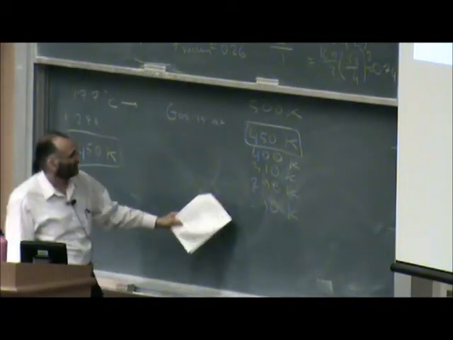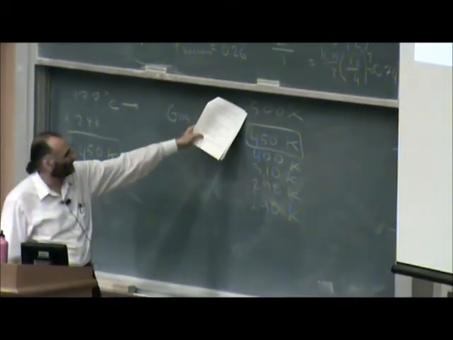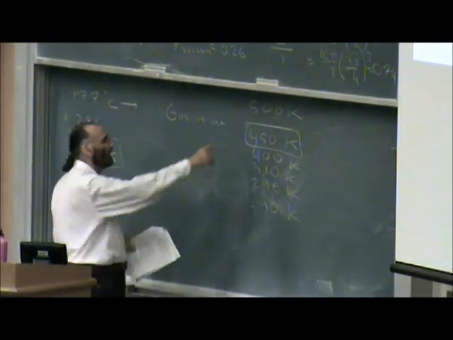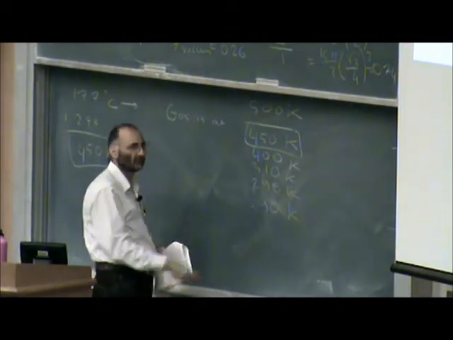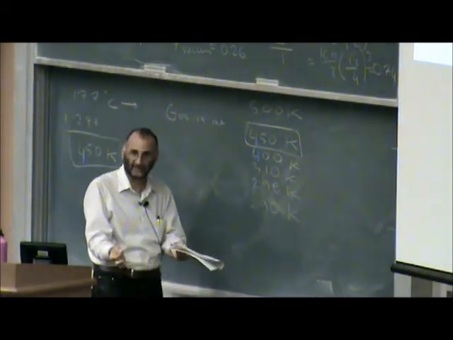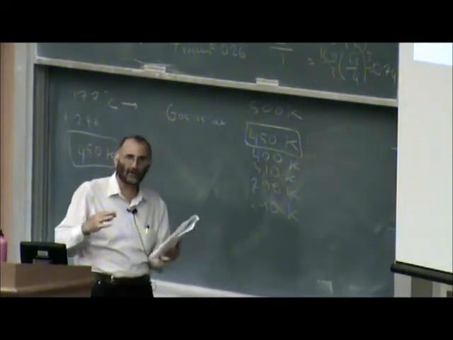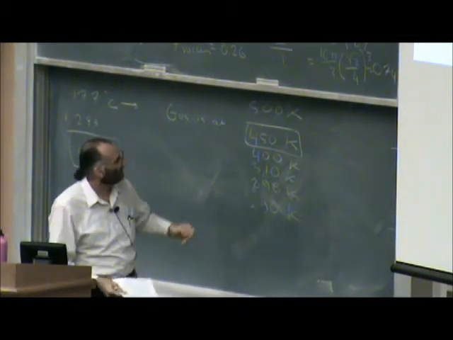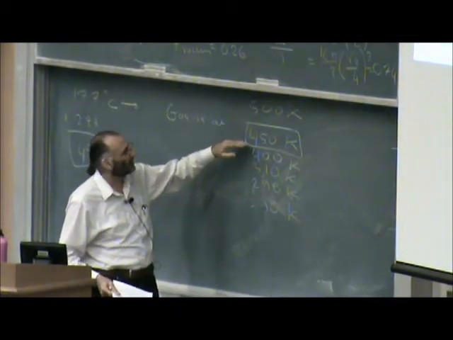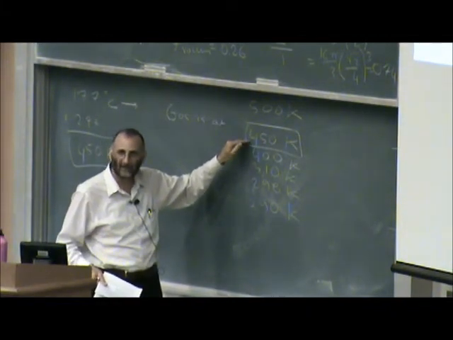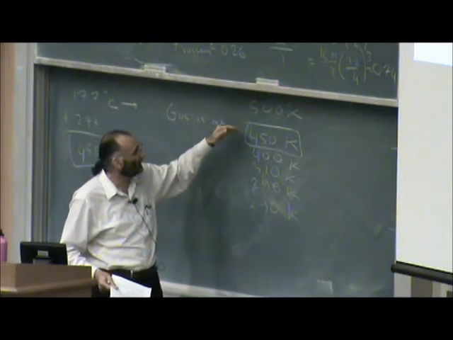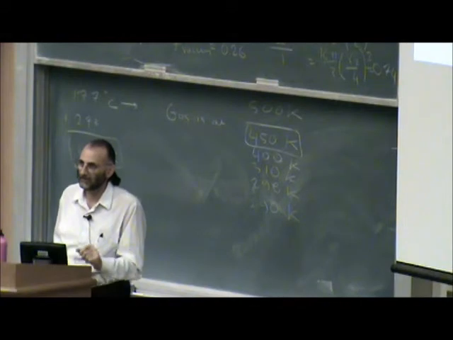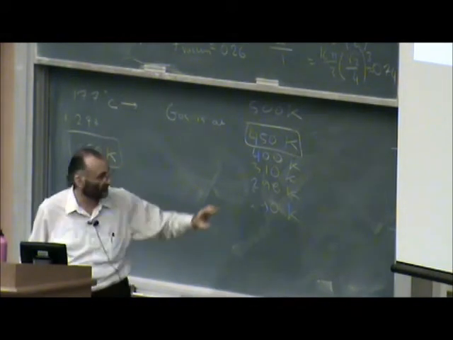So from all these gases, you can see only one has a critical temperature above this temperature. If the temperature the gas is at was above its critical temperature, no matter how much pressure you exert, you will never liquefy it. That's a permanent gas, right? If you are at a temperature below its critical temperature, that's going to be a non-permanent gas. So the only gas that's going to be non-permanent is the one with a critical temperature above the temperature of interest, which is this one here in the square.